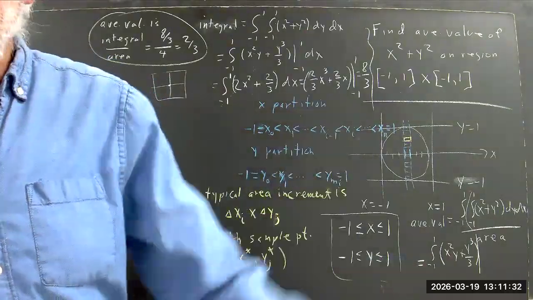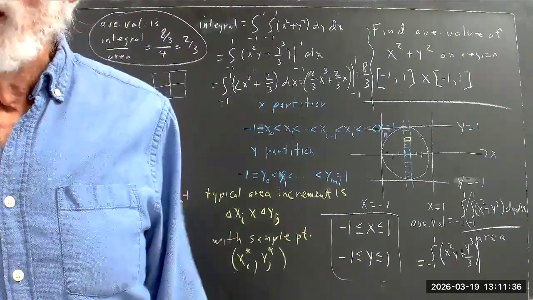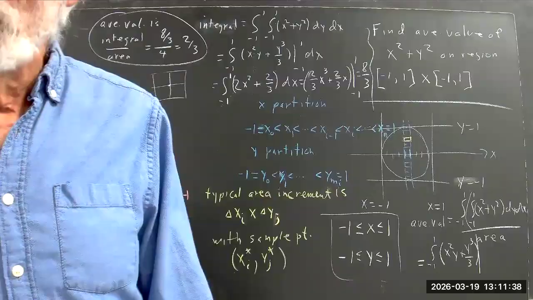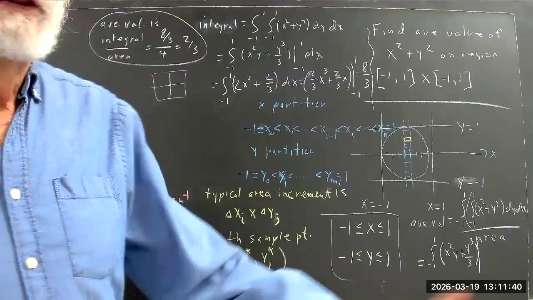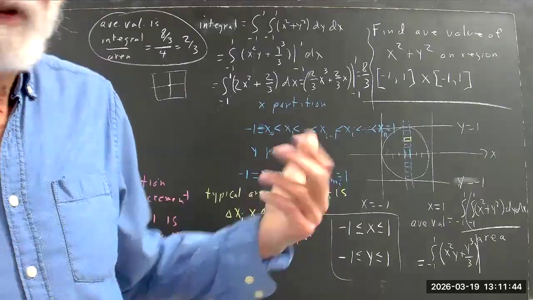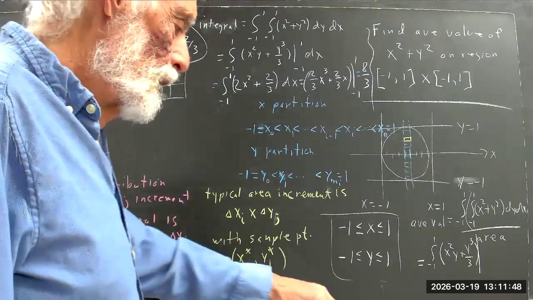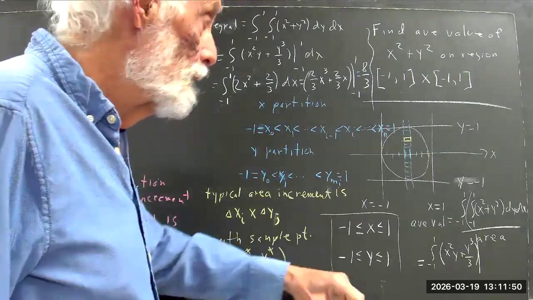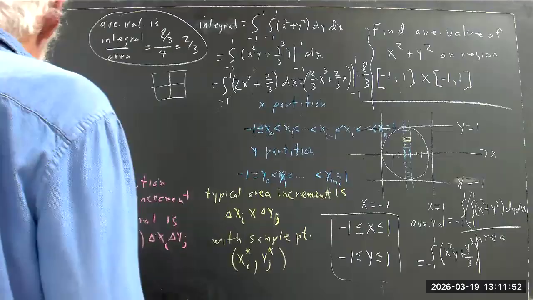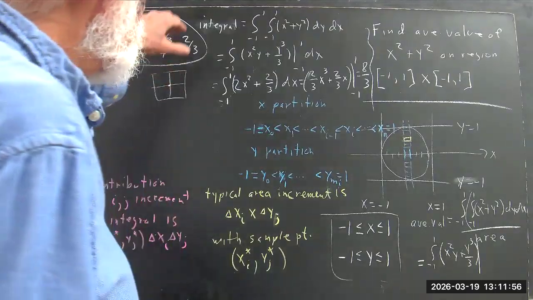Add them all up and divide by how many there are, it's 2/3. That's a handy thing to do if you don't have a means of doing a closed integral. Okay, there are better numerical methods, but Monte Carlo methods are quick and easy. Okay. Another idea you might want to store away.